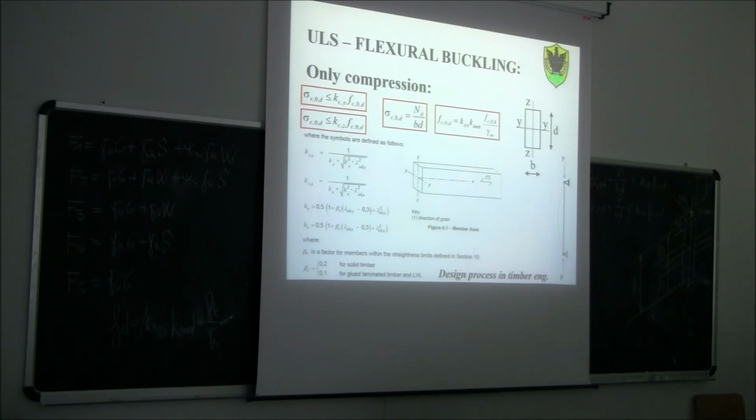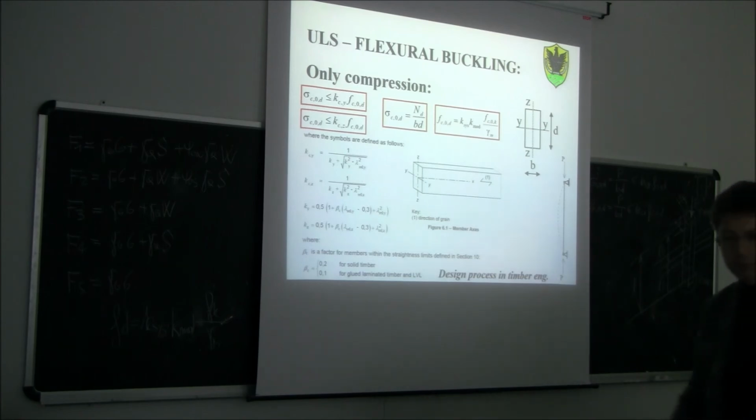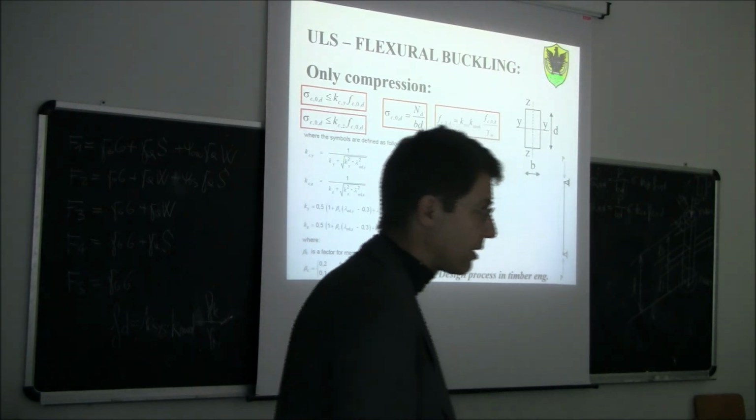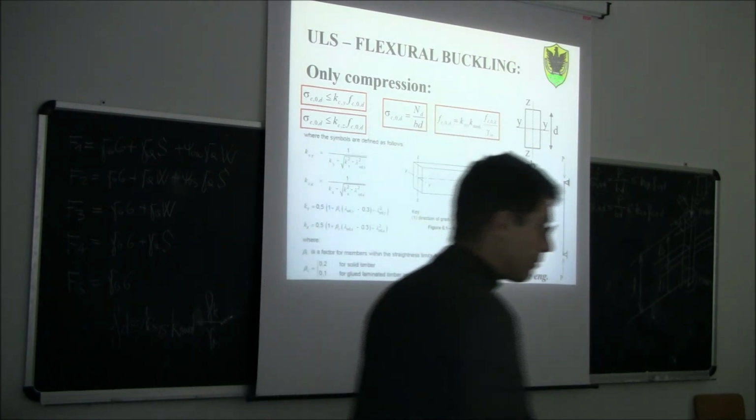In mechanics of structures, you learn the Euler solution, which is true only if you have a perfect column, which means a column without any defect, perfectly straight, with no residual stresses and no eccentricity of the load.